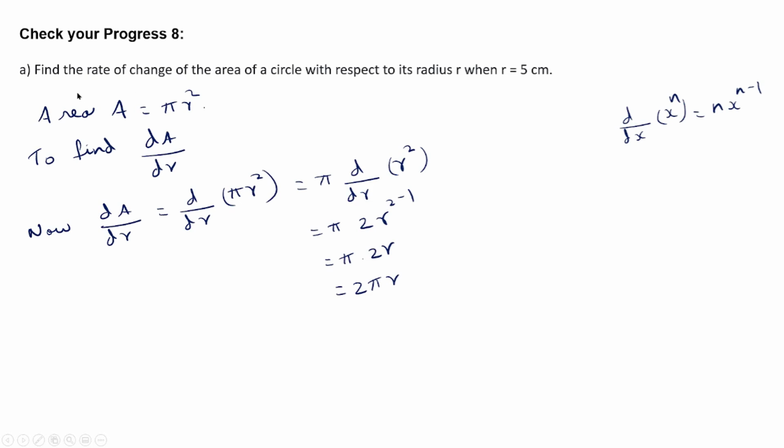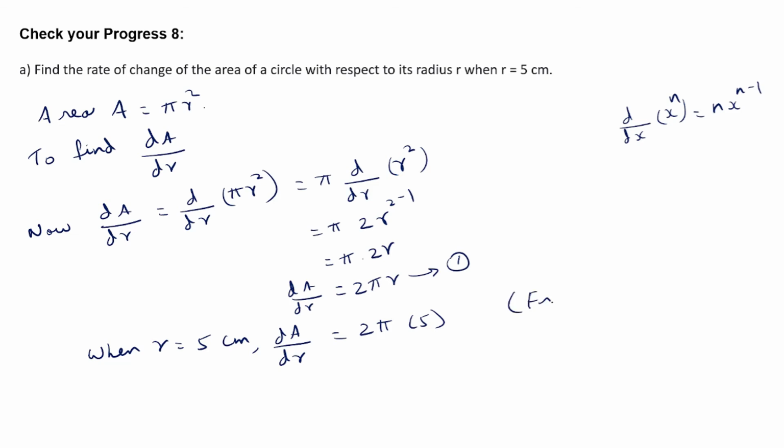Now it is asked to find the rate of change of area with respect to its radius when r equal to 5 centimeter. So when r equal to 5 centimeter, dA by dr equal to 2 pi into 5.